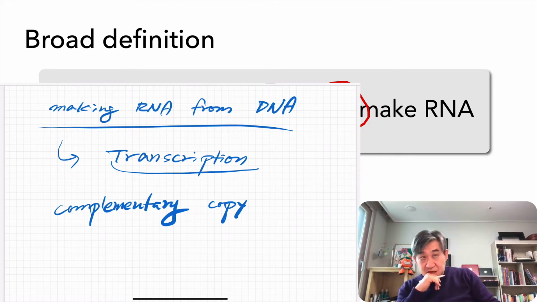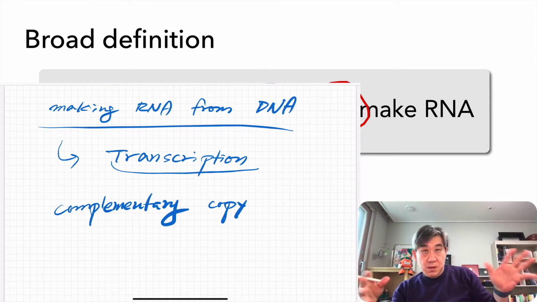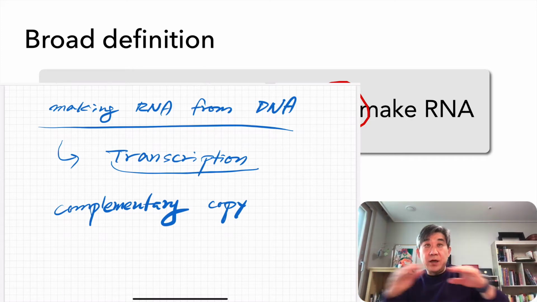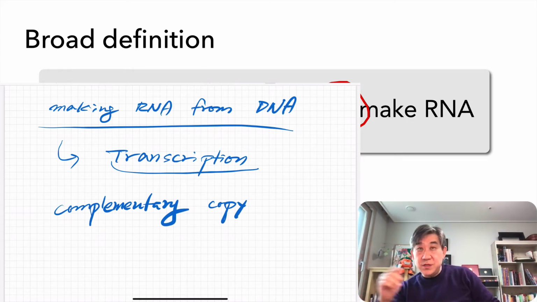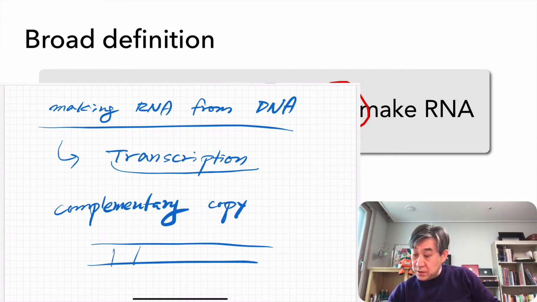The RNA generated as a result of transcription is a complementary copy of either one of the 2 DNA strands. So if the DNA has 2 strands, RNA is being copied starting from over here, and this segment will be copied into the RNA.